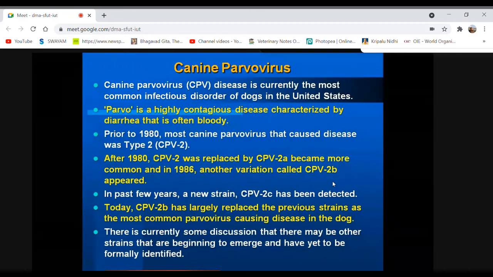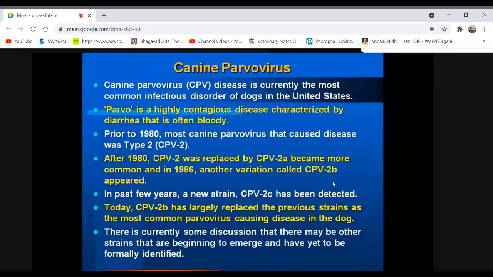Okay, presently it is happening and prevailing, this canine parvovirus infection. So it is one of the most common infectious diseases of dogs in the northern states of India and other parts also, and even in other parts of the world.